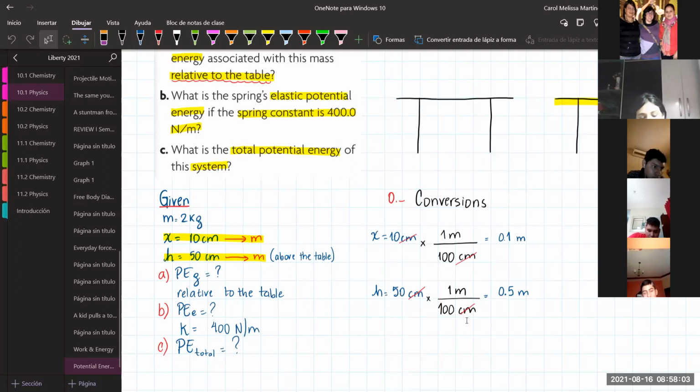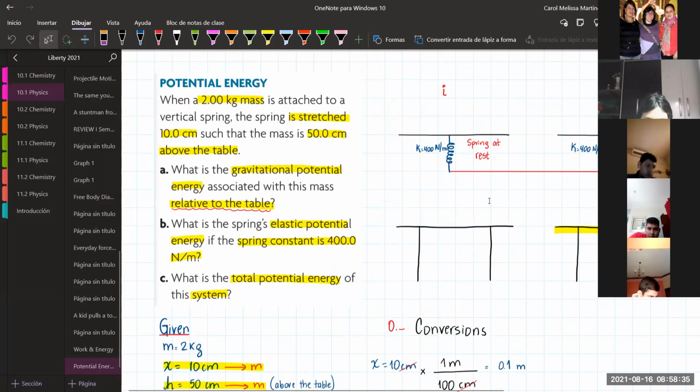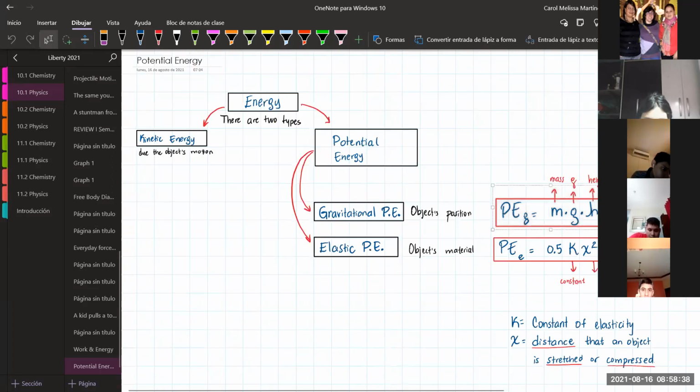Now, I'm going to work in part A. In part A, I need to find the PEG, G for gravitational potential energy. So I'm going to work on the first part, where I'm looking for PEG. According to the formulas that I gave you, PEG is equal to mass times gravity times height.